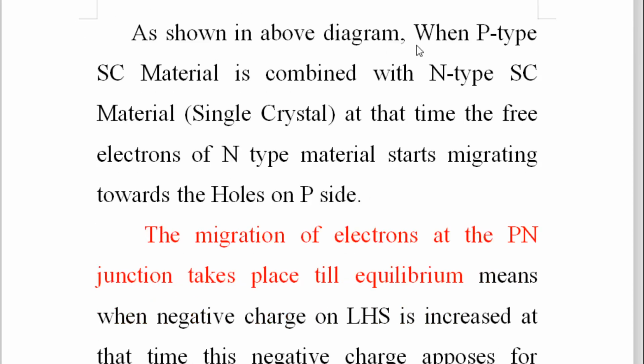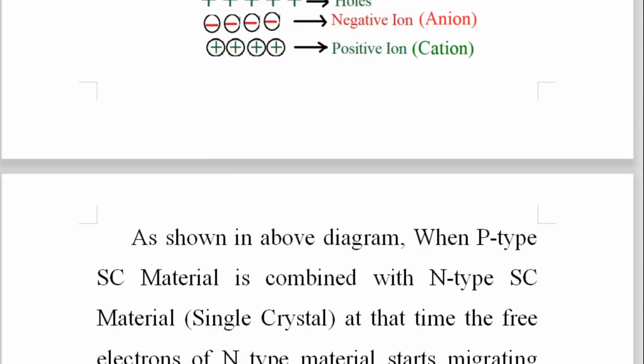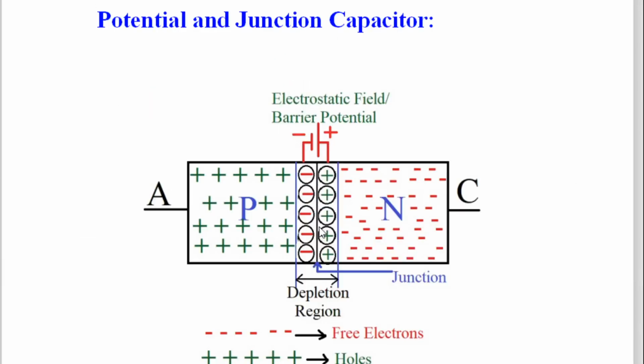As shown in the above diagram, when p-type semiconductor material is combined with n-type semiconductor material in a single crystal, the free electrons of the n-type material start migrating towards the holes on the p side, very close to the junction.